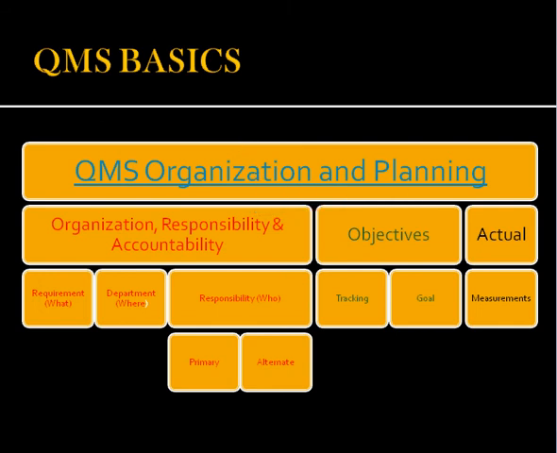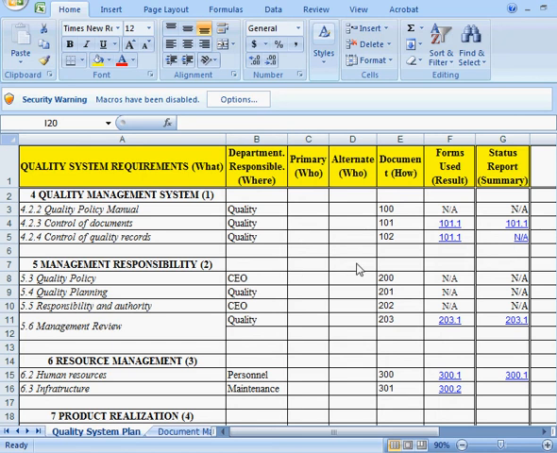Next to that, we can say what we're tracking, what the objective is, and actually track the monthly numbers. Once all the planning and organization is done, we track the actuals on an ongoing basis.